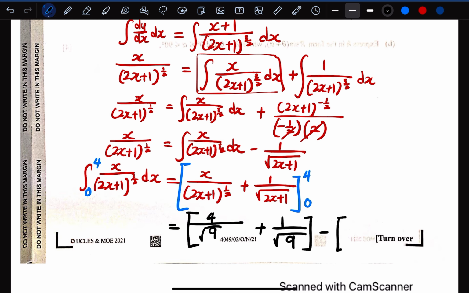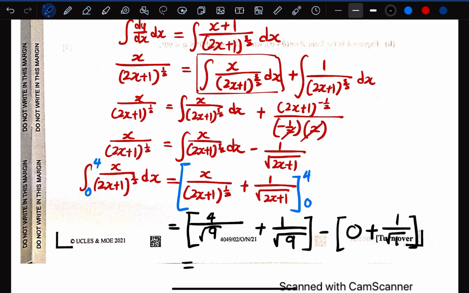My next term, when I sub in my 0, my first term just becomes 0 because x becomes 0. My second term actually has a number. It is 1 over, this term becomes 0, so you're just getting square root of 1. And in between is a positive, so it's plus 1 over square root of 1. Okay, all you need to do is press this in your calculator. So 4 over root 9 is just 4 over 3, right?